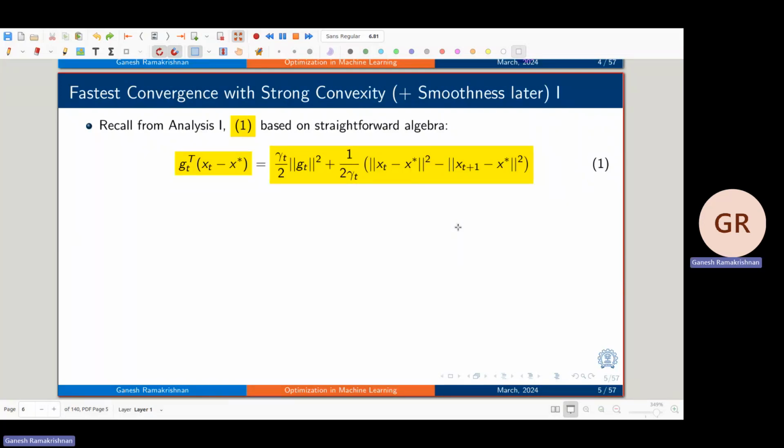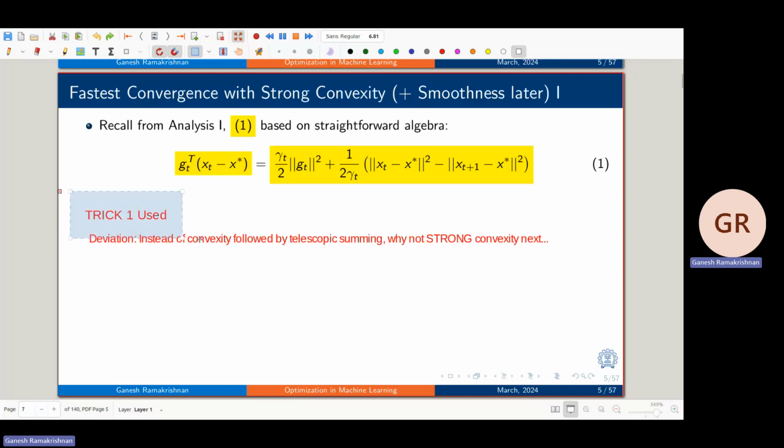You remember this analysis 1, where we expressed this inequality, the dot product between the gradient and the difference of the iterates from the optimal x star. We just used simple algebra, straightforward algebra. So recall that this is the trick 1 derivation, using convexity followed by telescopic summing.